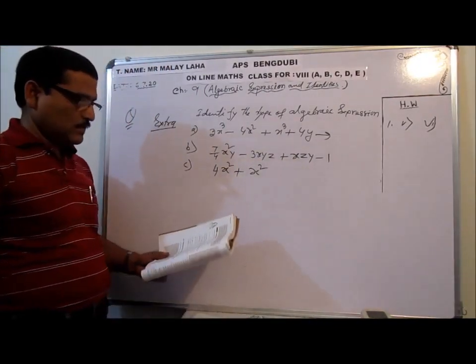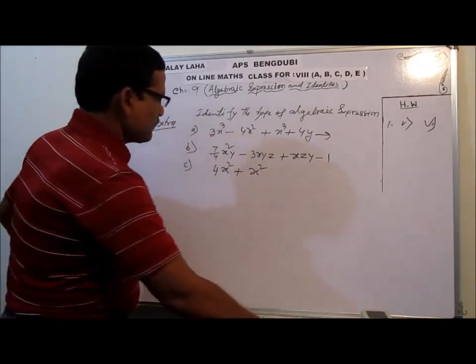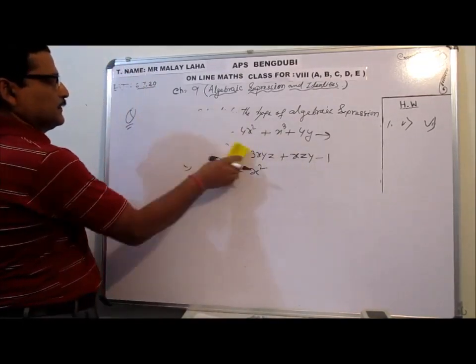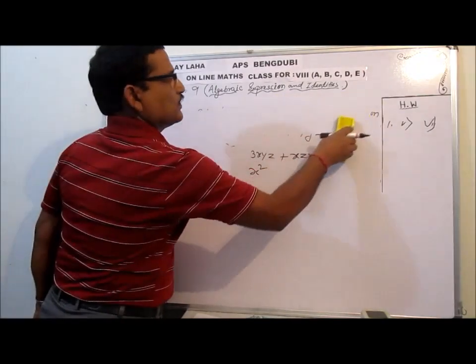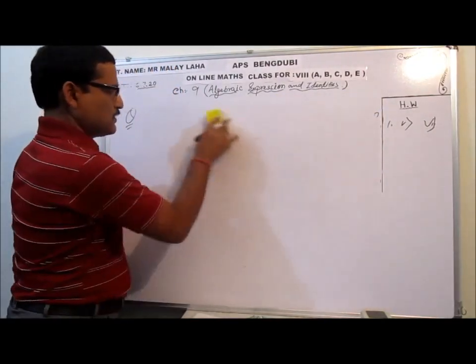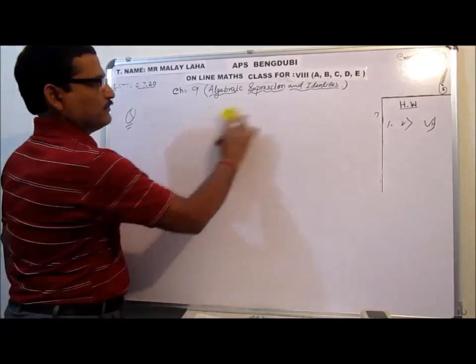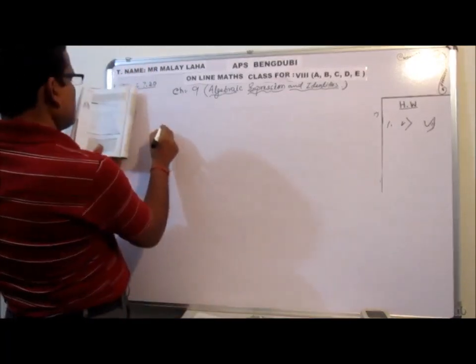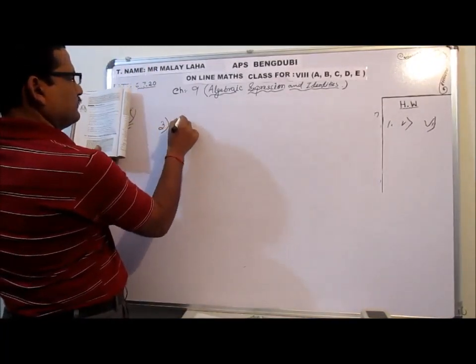Okay, have you written this one? Now I am coming to next question. If anyone is not able to write, you will pause the video and write down. Okay, no problem. Now question number 3, add.